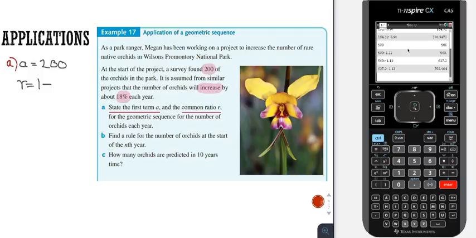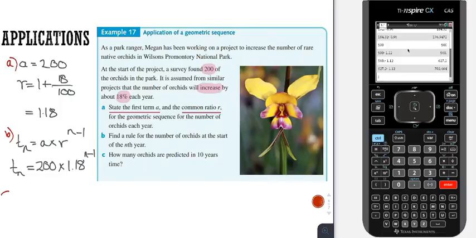The ratio is 1 plus the 18%, so 1 plus 0.18. 1 plus 0.18 gives us 1.18. B is find a rule for the number of orchids at the start of the nth year. So that's using our general formula rule, where A is 200 and R is 1.18. So our rule is 200 times 1.18 to the power of n minus 1.